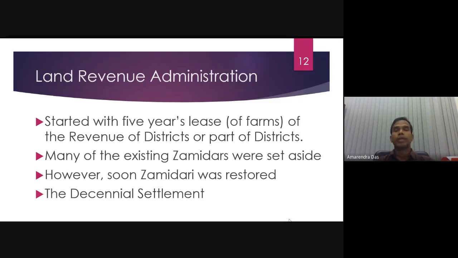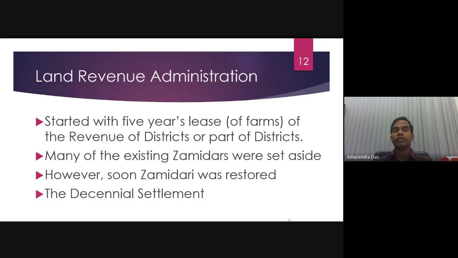Many of the existing Zamindars were set aside, whoever had been there in the past. However, soon the Zamindari system was restored. Later on, this land leasing system was abolished, and as the Permanent Settlement Act was already in force, the Zamindari system was restored.